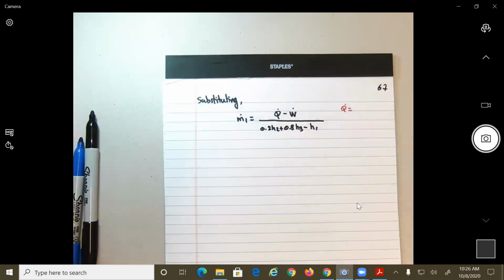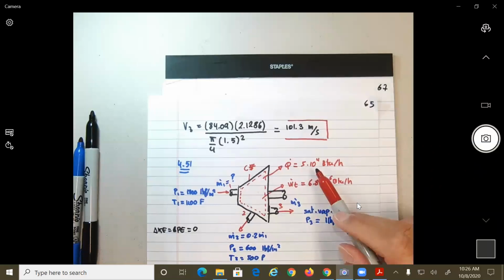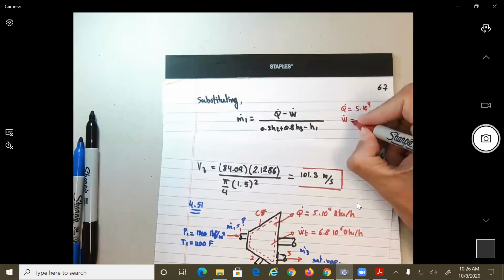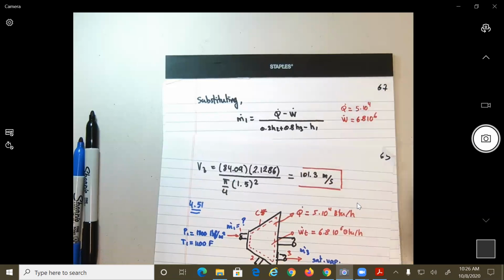So the incoming heat transfer from the problem statement was equal to what? To 5 10 to the 4, and the power 6.8 10 to the 6. We didn't make any mistake.